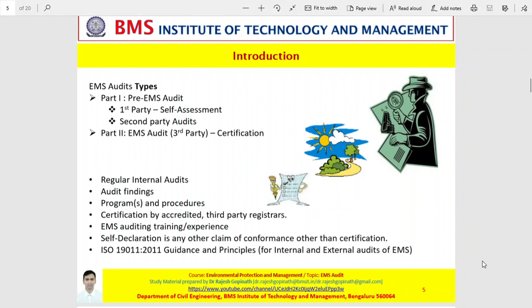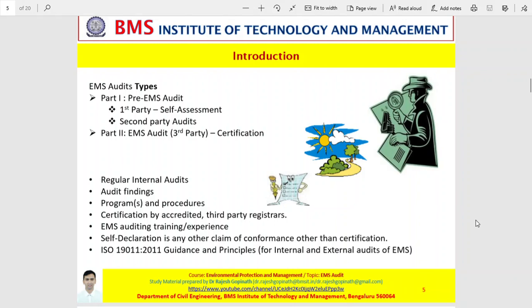Yes, of course, EMS has been upgraded from ISO 14001 to ISO 19011, which will be dealt with further in this. It is necessary that all the top management should be made fully aware of the audit findings. It is up to the organization to establish and maintain programs and procedures for regular periodic environmental management system audits to be implemented.